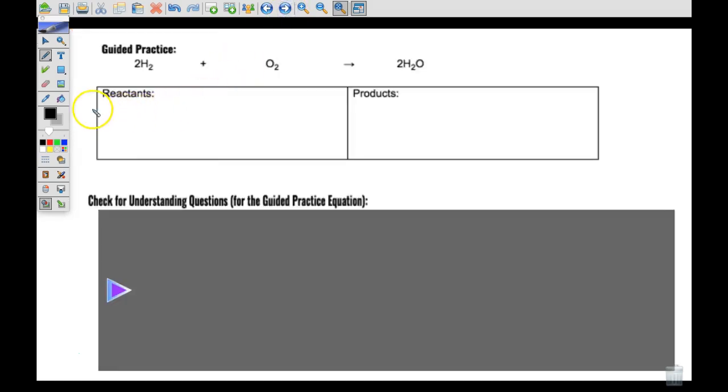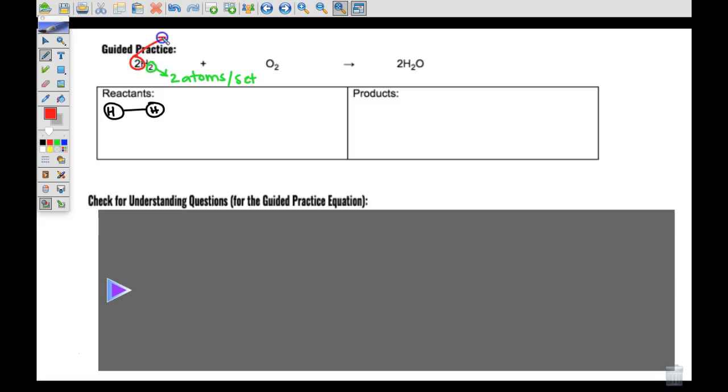Let's do the next one together. In looking at 2H2, this little 2 means that I have 2 atoms in one set, which means that they're bonded. So I'll have 2 atoms of hydrogen connected to each other.